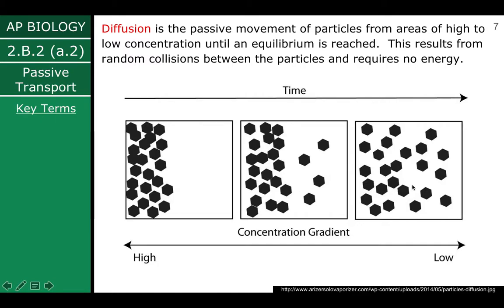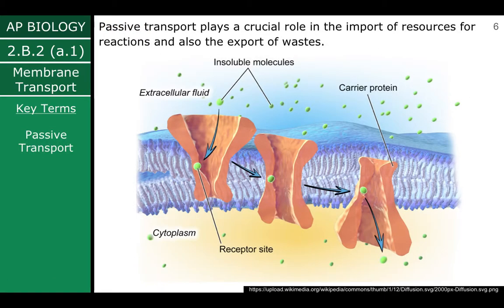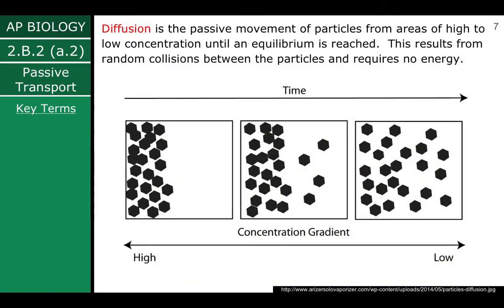Also another thing that you guys have already experienced. This results from random collisions between particles and does not require any energy. So once again, diffusion is going to help with the import of resources, export of wastes, does not require energy, and moves from an area of high concentration to an area of low concentration.